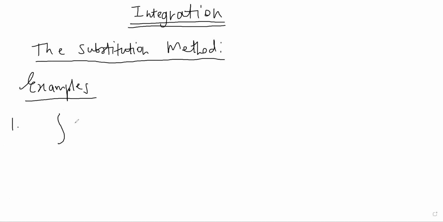In example number one, we're integrating from 0 to 1, and we are integrating the function (3x plus 1) to the power of 5 with respect to x. So it's a definite integral.